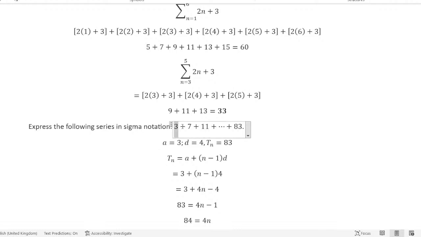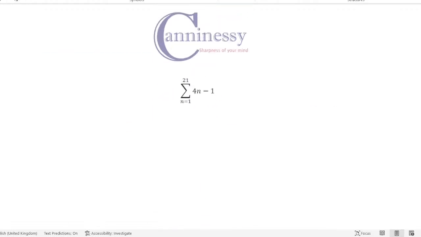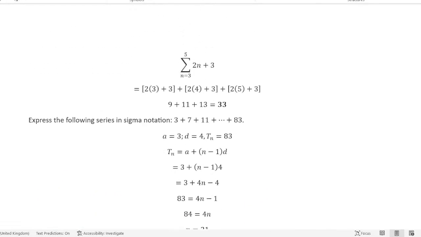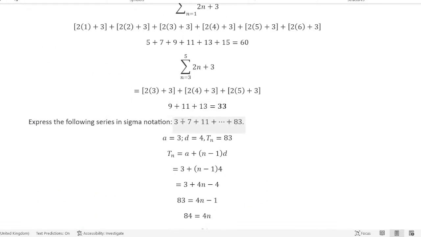Then we had 7, 11. So the number we need to substitute starts with 1. I hope you are following. So we have written this series into sigma notation.